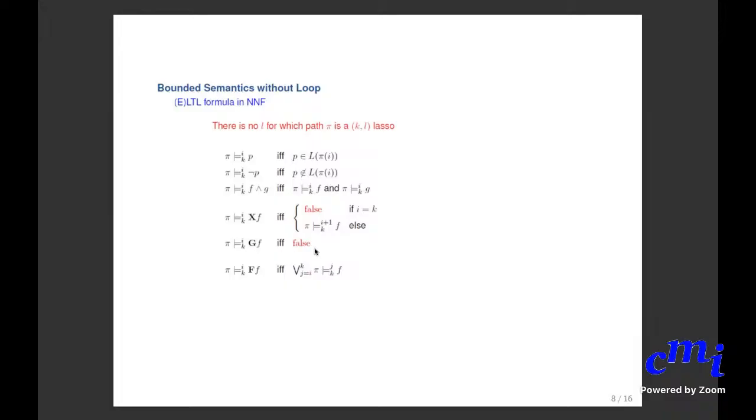You cannot conclude anything even after checking if f is true for every suffix starting from I of the k-long prefix, and that's why we assign false.